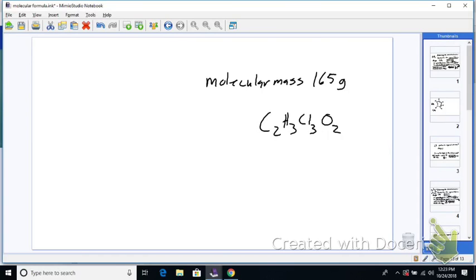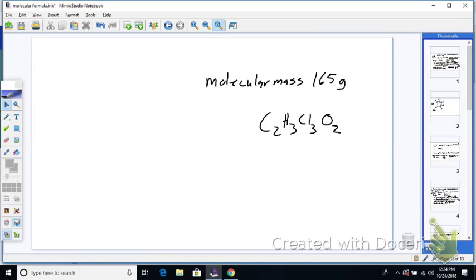So, guys, we got a molecular mass of 165. So I've got to figure out the empirical mass. I got 2 carbons, 3 hydrogens, 3 chlorines, and 2 oxygens.